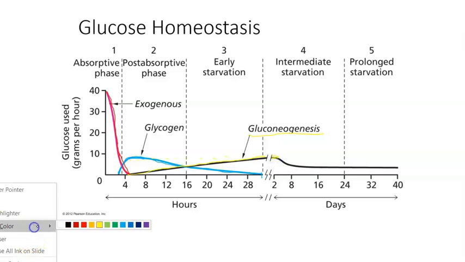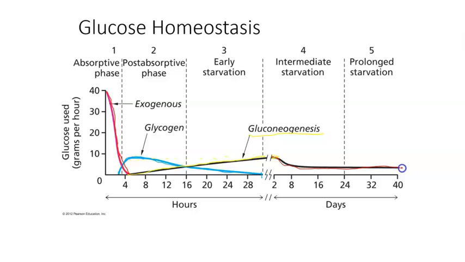At about 2 days, we slow down our metabolism, you can see, and we reduce the amount of blood glucose that we have, and that can be regulated out to about 40 days. So we start to transfer over to some of the other things we can do. We can see the absorptive phase, where we're taking up that glucose, our cells are taking it up, our liver is taking it up, and we're maybe building our glycogen stores.